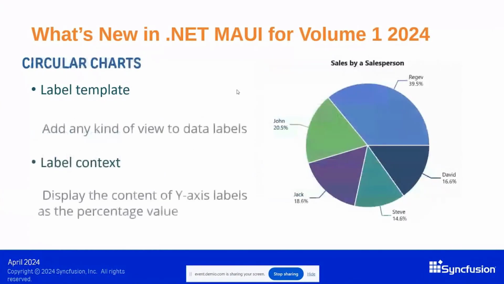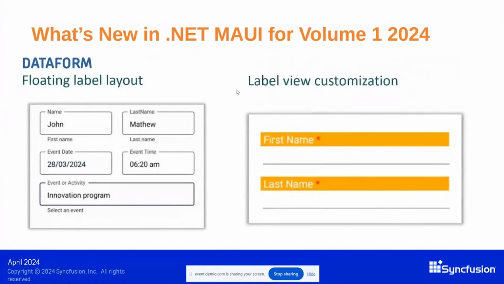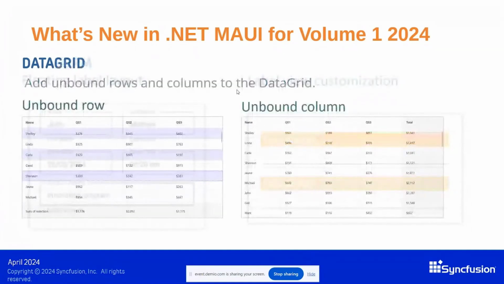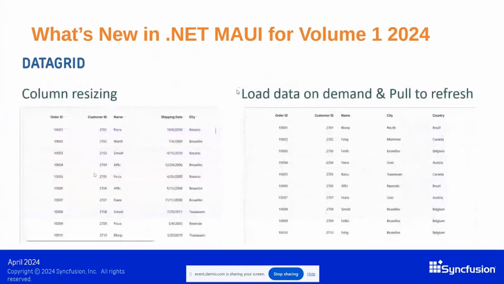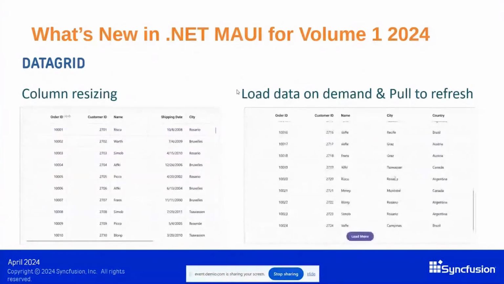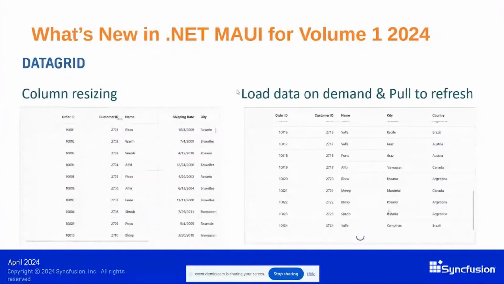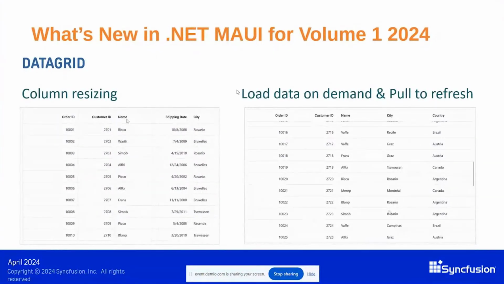In circular chart, we have provided the same label template and label context support. In data form, we have provided a floating label layout support and a customization for label view. In data grid, we have provided support to add unbound rows, column resizing support, load data on demand, and pull to refresh support.